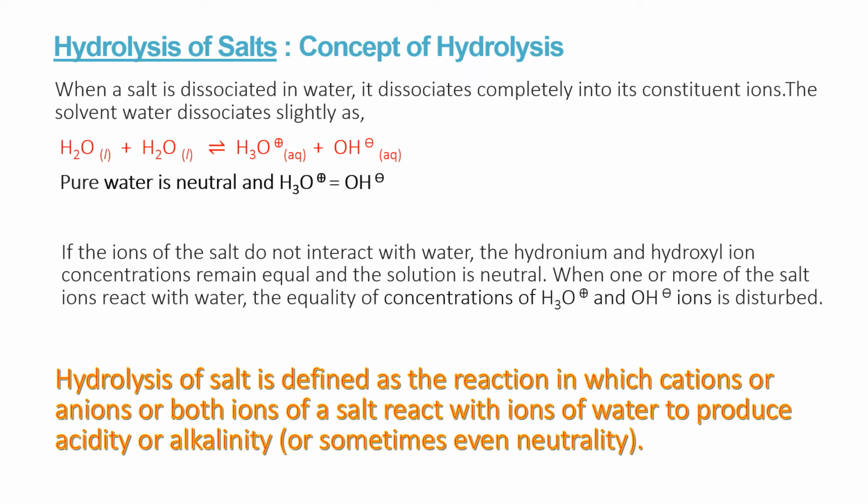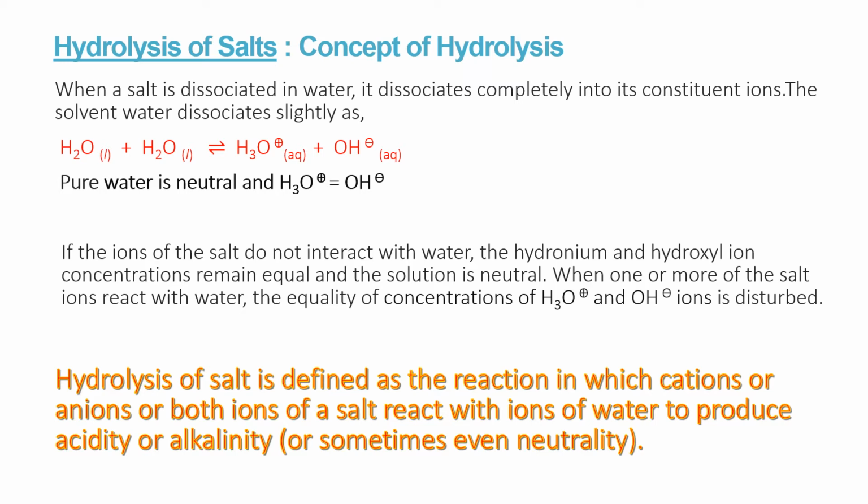In hydrolysis, at one time maybe the cation interacts, in some cases the anion interacts, or in some cases both interact with the ions of water to produce acidity or alkalinity or sometimes even neutrality. So that is a very important definition.